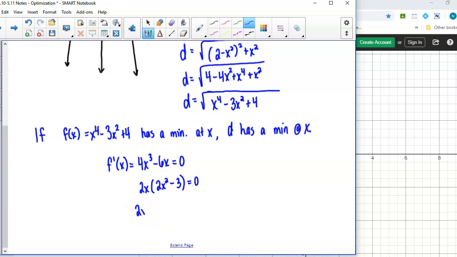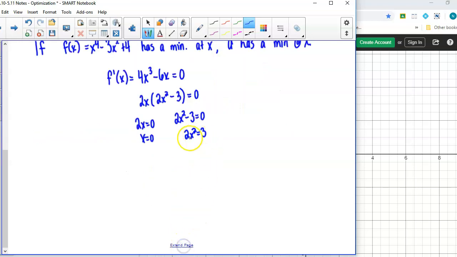So 2x would equal 0, which would just give us x equals 0. And then I would have 2x squared minus 3 would equal 0. So 2x squared would equal 3. X squared would be 3 halves. And so I would square root both sides. So x would equal plus or minus the square root of 3 halves.